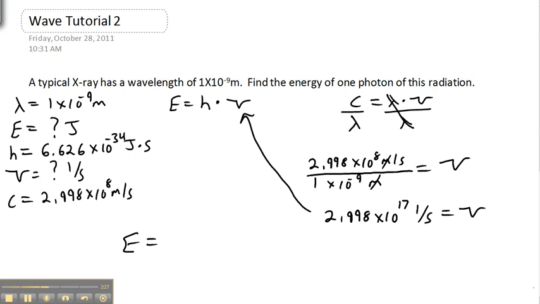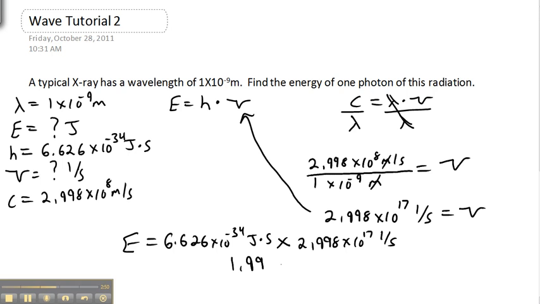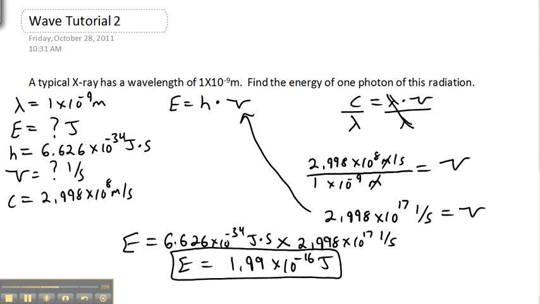Energy is equal to Planck's constant, 6.626 times 10 to the minus 34, multiplied by 2.998 times 10 to the 17th per seconds. And again, use your EE button, and you end up with 1.99 times 10 to the minus 16th joules, which isn't a whole lot of energy. And that's how you do that problem.